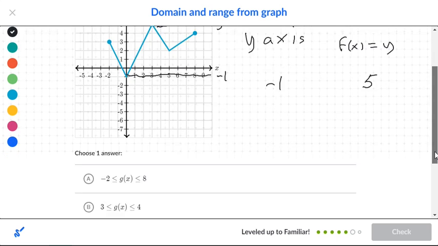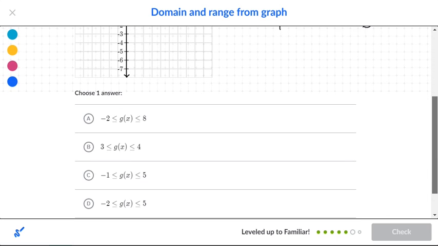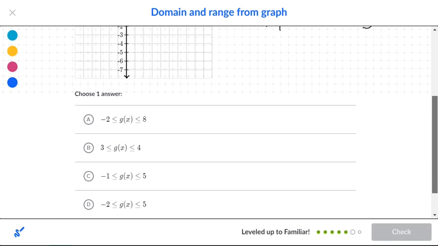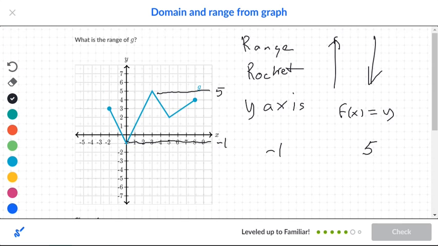So now what we want to do is go ahead and put down our inequality signs, because if we look at our answer, these are all inequalities here. Now they're not so much using f of x, because the function is actually called g, so it would be g of x in the middle. But still, f of x and g of x are the same.